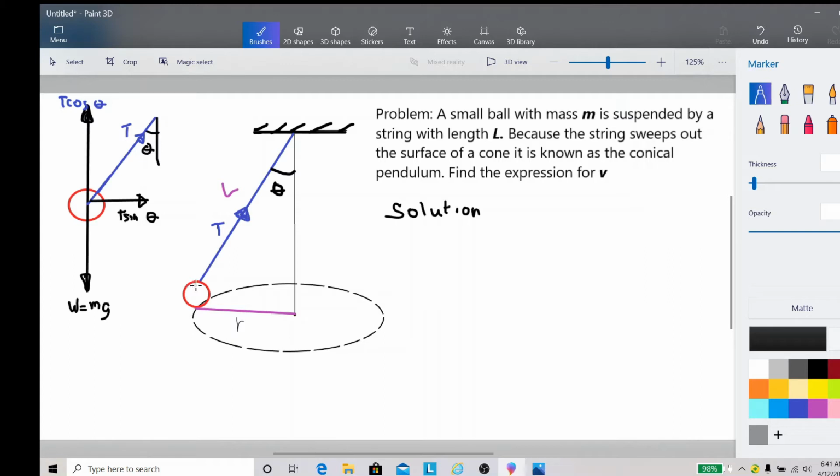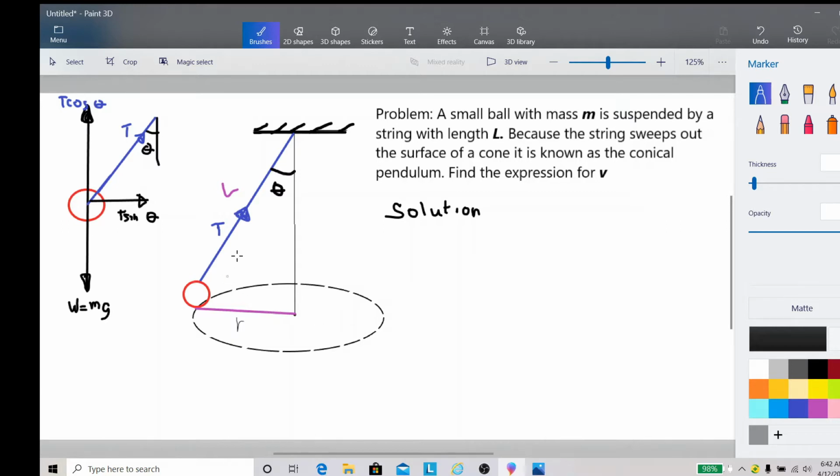You can just imagine that if it were not, the ball would keep rising and falling as it goes around. So in a vertical sense, this is in equilibrium, and in the horizontal motion, it is moving with a centripetal acceleration. So those are our key takeaways.